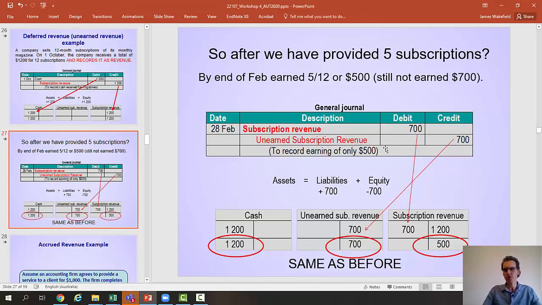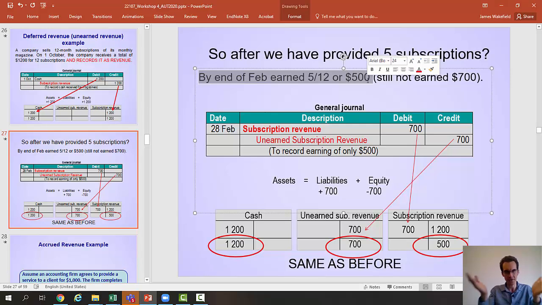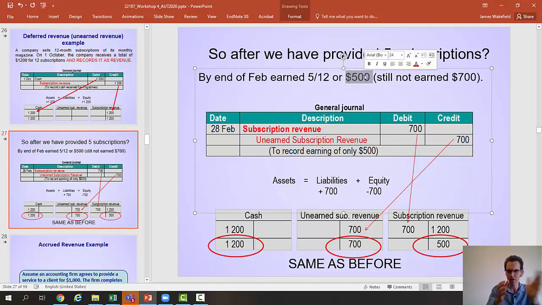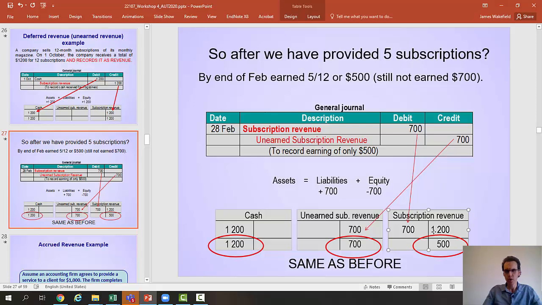What you can see here is that the business, by the end of February, as you calculated in the question that I asked you, has earned $500 of revenue. So the 5 months from the 1st of October in the prior year to the end of February in the current year.